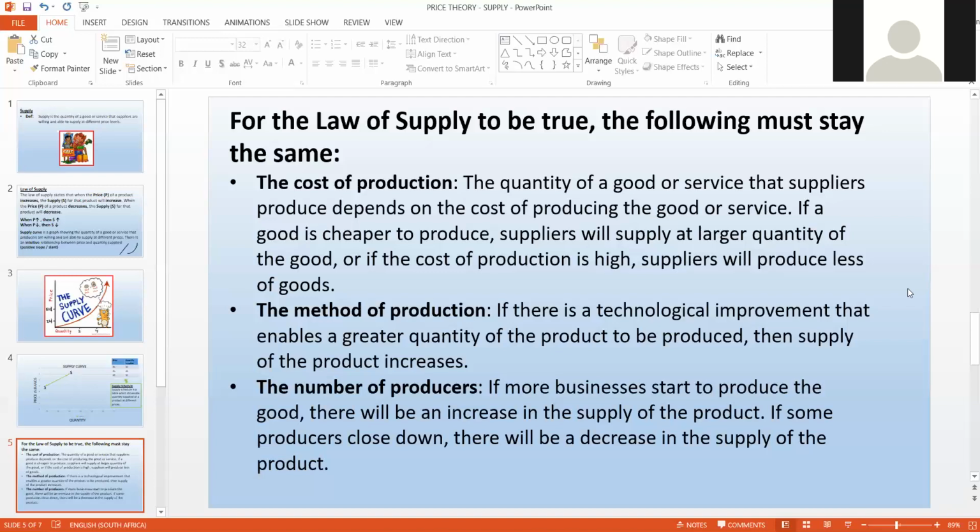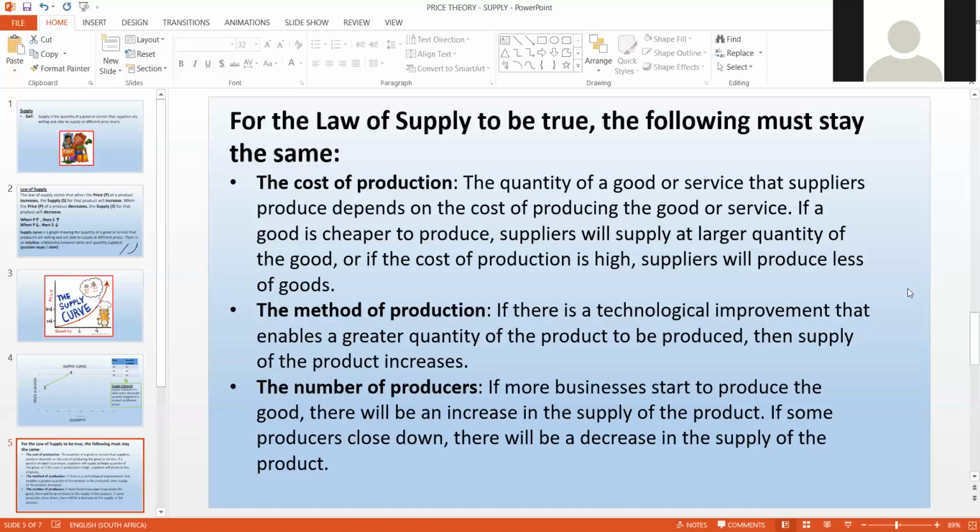First of all, the cost of production. This means the quantity of a good or service that suppliers produce depends on the cost of producing a specific good or service. If the good is cheaper to produce, if it costs me as the manufacturer less to produce it, maybe say now I'm producing this packet of chips and for some reason my raw materials become cheaper, then I can actually produce the packet of chips for cheaper, and therefore I'll be able to supply it at a lower price.